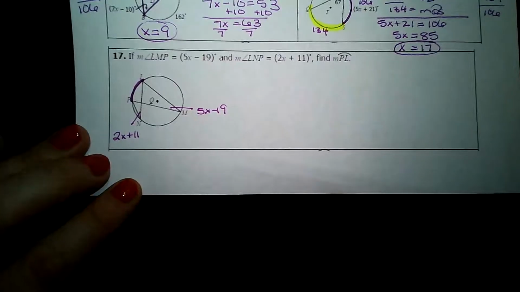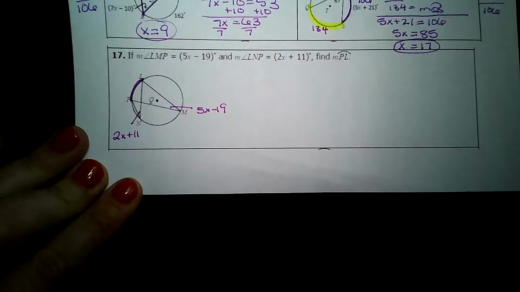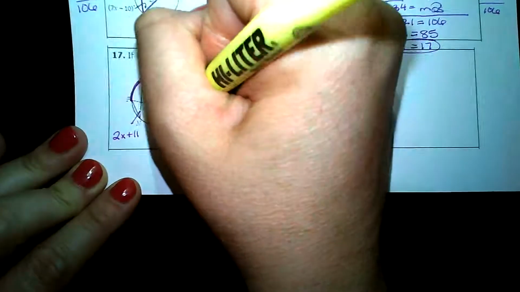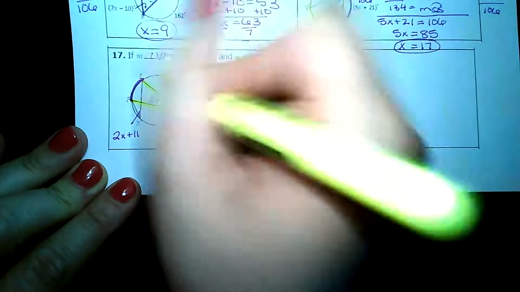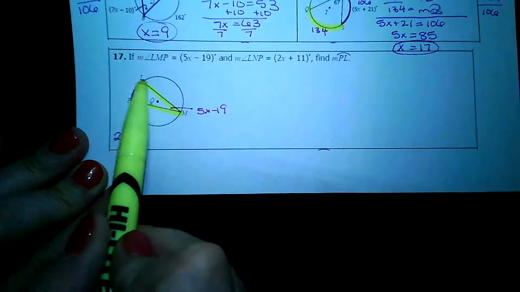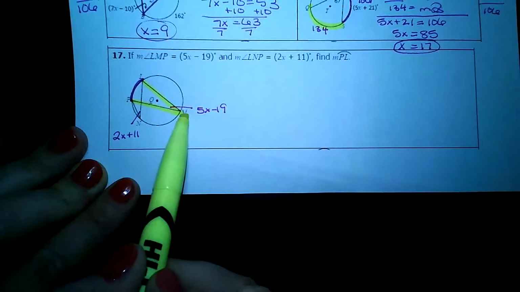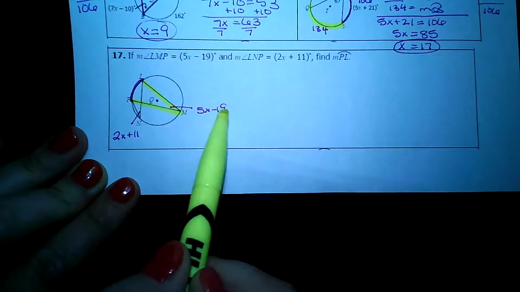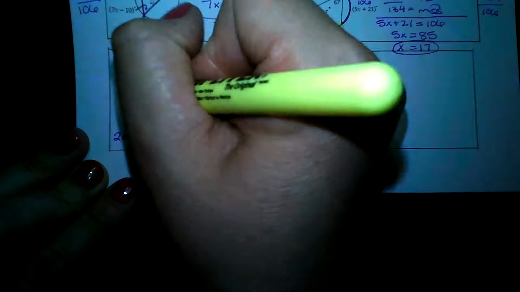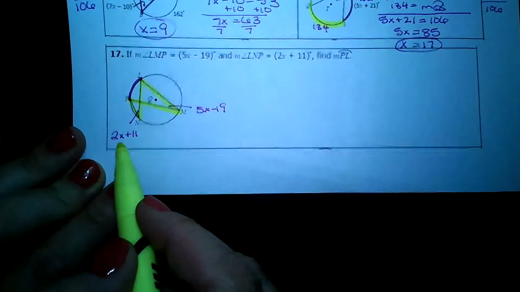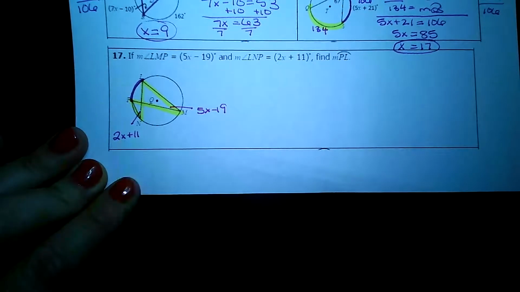Well, I think what's interesting about PL is that it goes with these inscribed angles in our picture. In fact, it goes with both of them. If I follow the chord LM and PM, I've made the angle 5x minus 19. If I follow the other 2 chords, it makes the angle 2x plus 11.